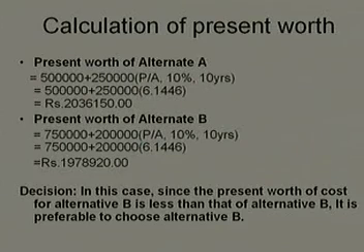When you multiply it with rupees 200,000 and add 750,000, you will get a figure of 1,978,920, that is, 19,78,920. Now, out of these two options, you find that the cost of alternative B is the lowest.